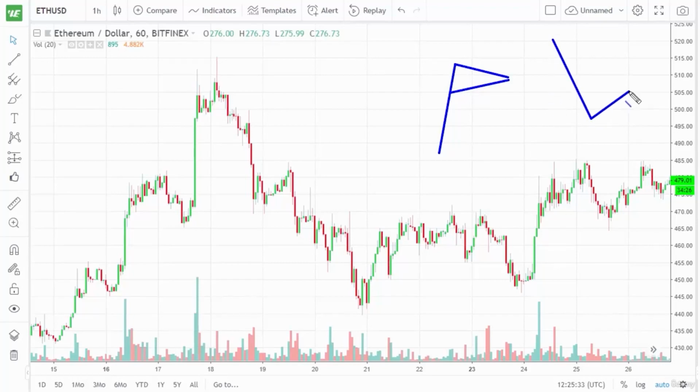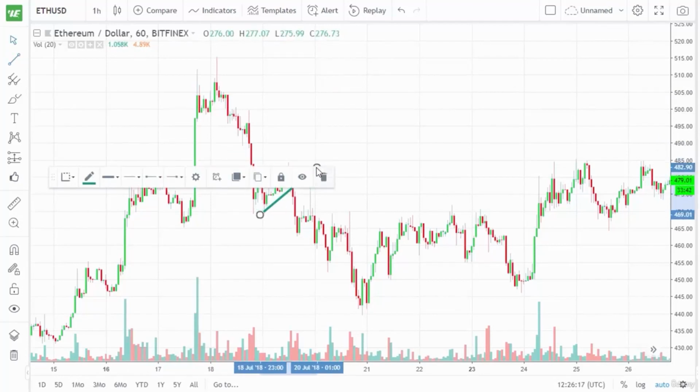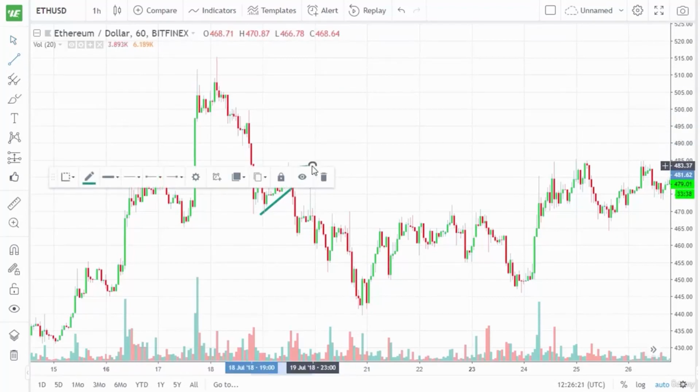And of course, it's got both variations. It doesn't have to be a symmetrical triangle. It can be more like this. But thinking of it as a triangle on a pole is probably the best way to go about it. So the example I have here on this chart is a bearish pennant. And I'll go ahead and draw this out.